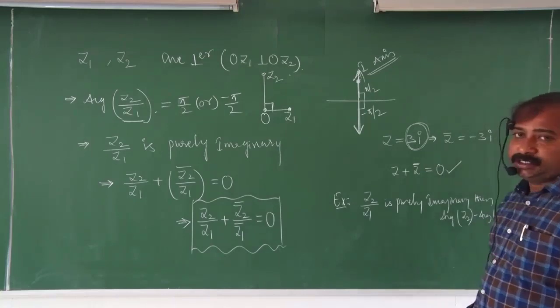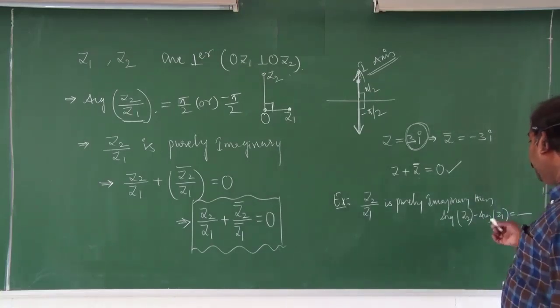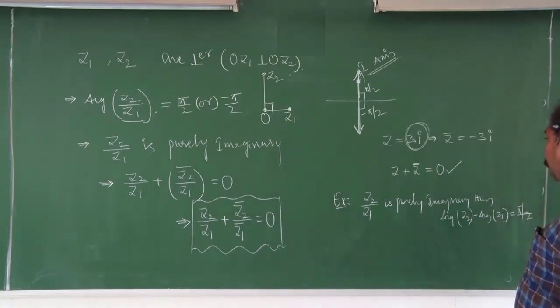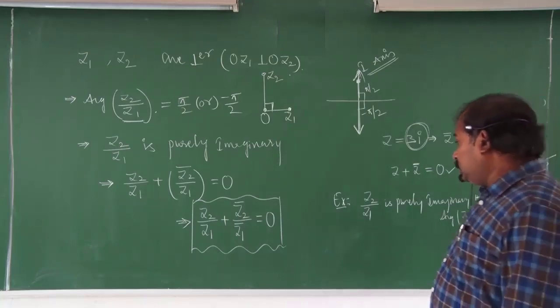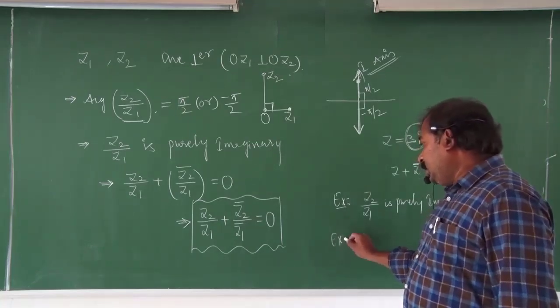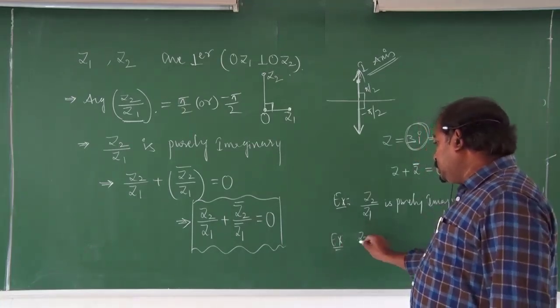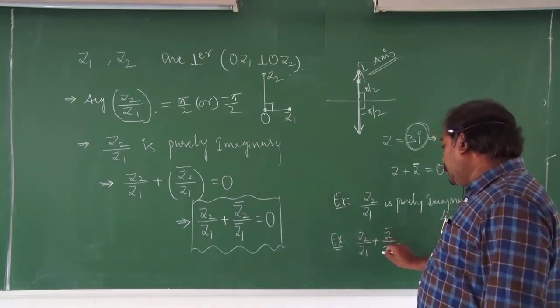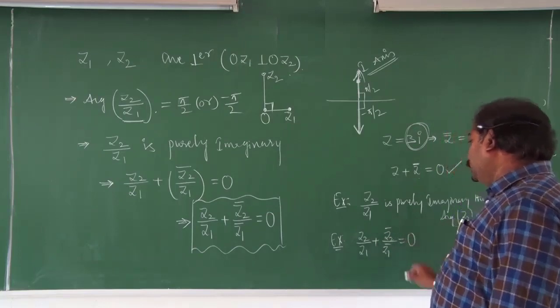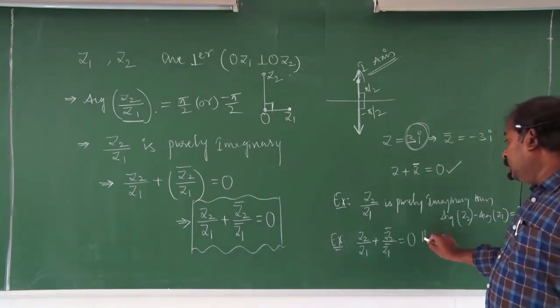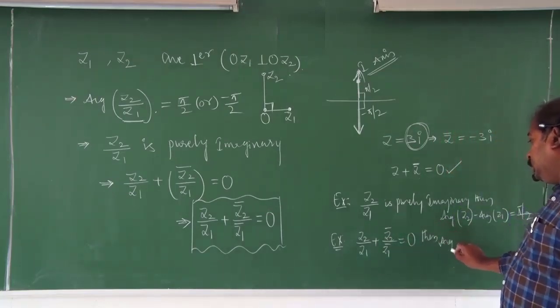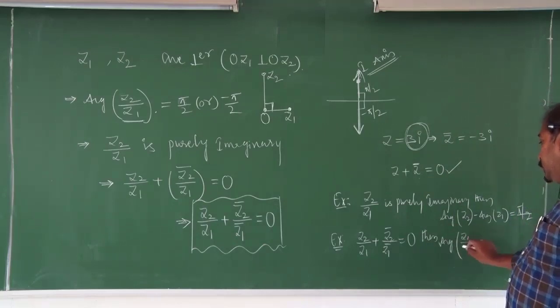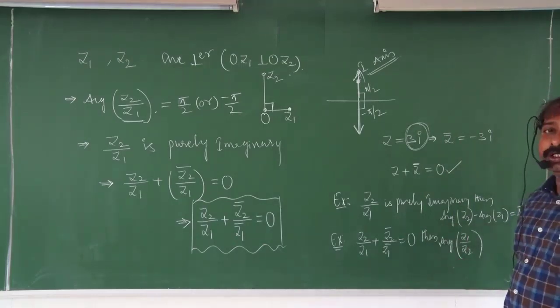They will ask like this. What is argument of Z2 minus argument of Z1? It equals pi by 2 or minus pi by 2. Or one more example: they will ask, Z2 by Z1 plus Z2 conjugate by Z1 conjugate is equal to 0, then what is the argument of Z1 by Z2? This one also they will ask.